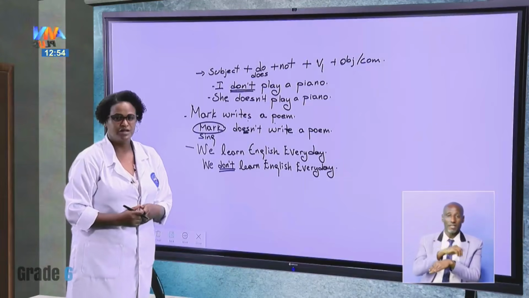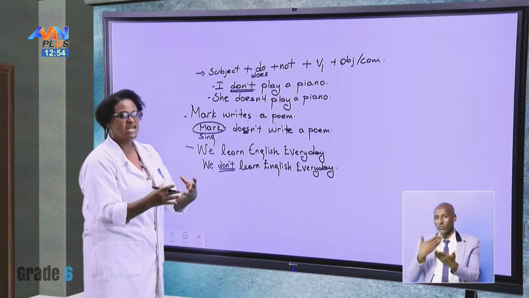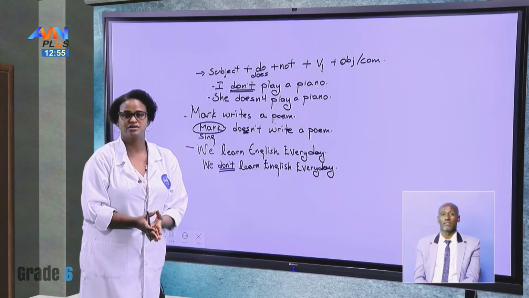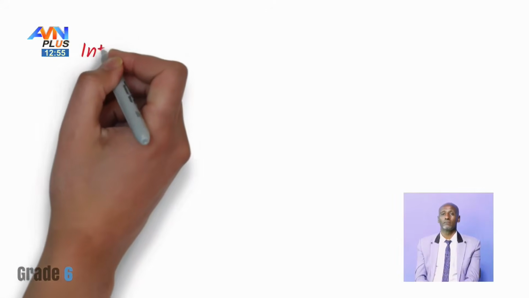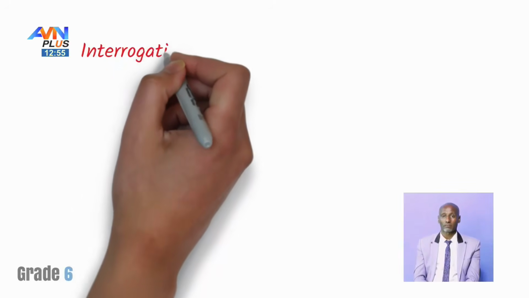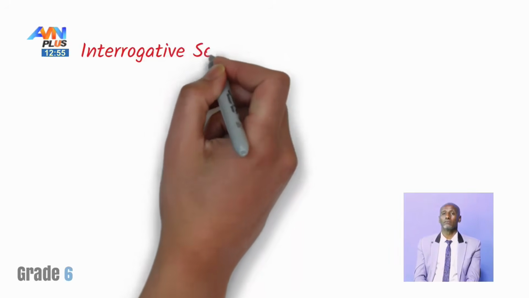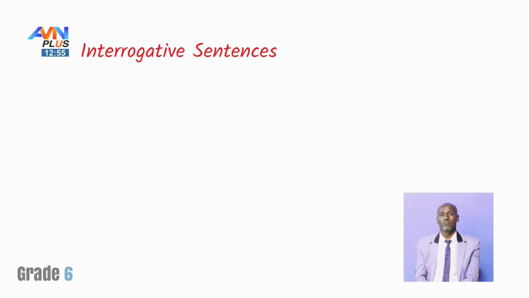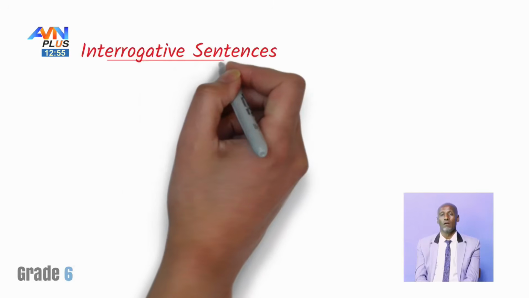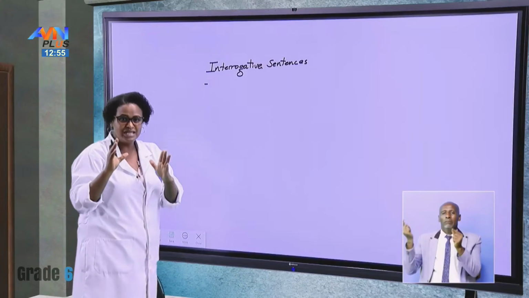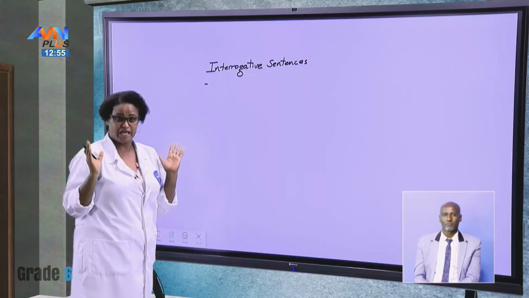Clear? Very good. Let's go to the third structure of a sentence, which is interrogative or question. Okay? All right. Interrogative sentences. Okay, now we're going to change sentences into question. Remember, still we don't have what? We don't have a helping verb.